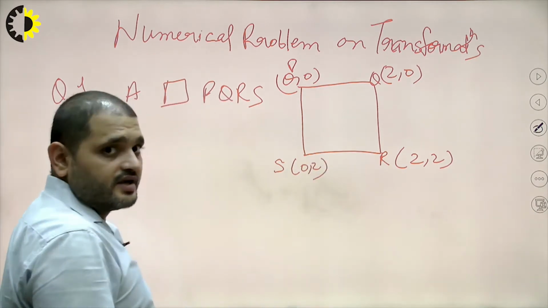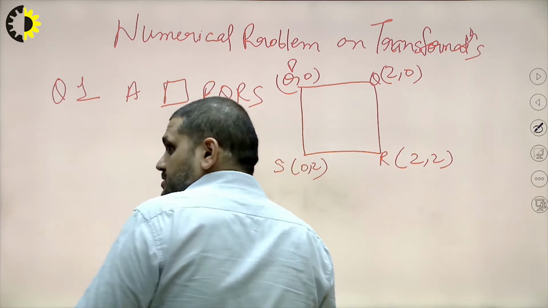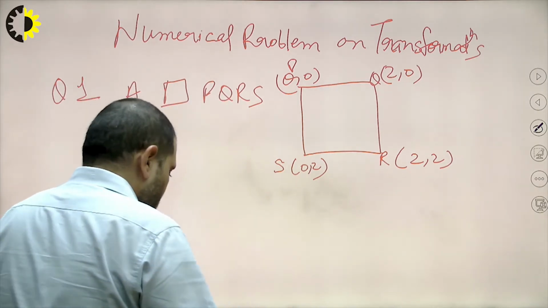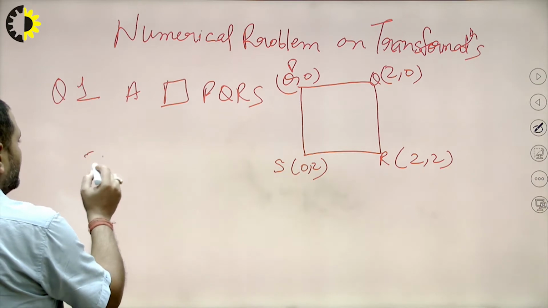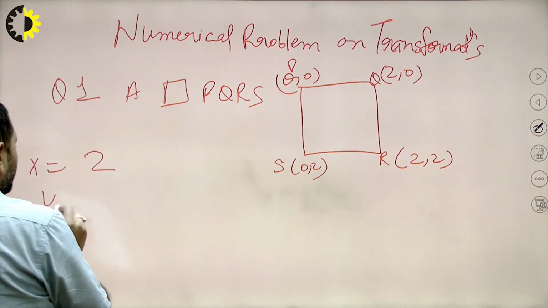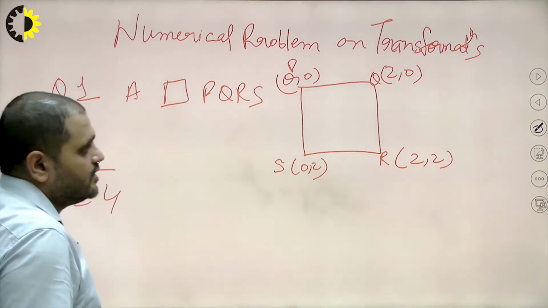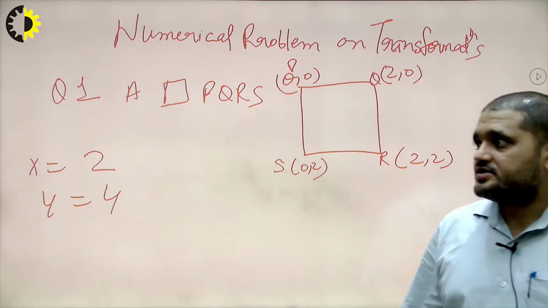It is subject to shearing: the shearing is done in x direction by 2 units and in y direction by 4 units. We have to find out the final coordinates after shearing.